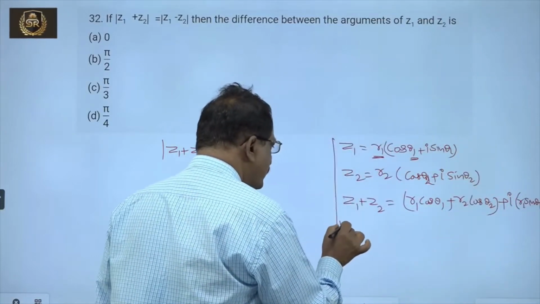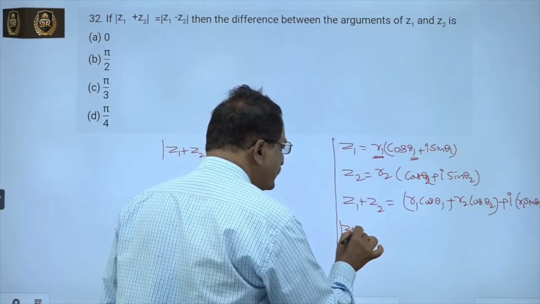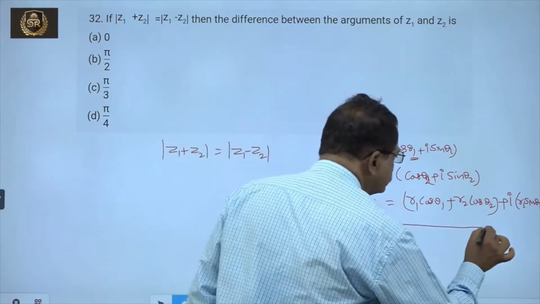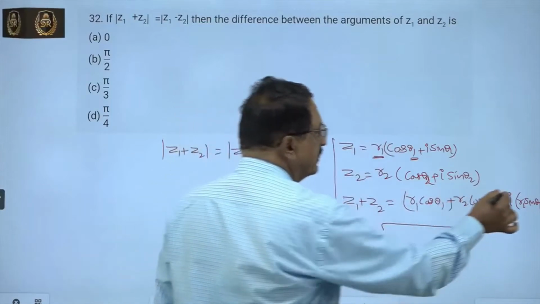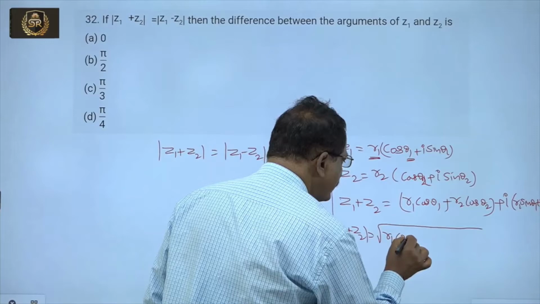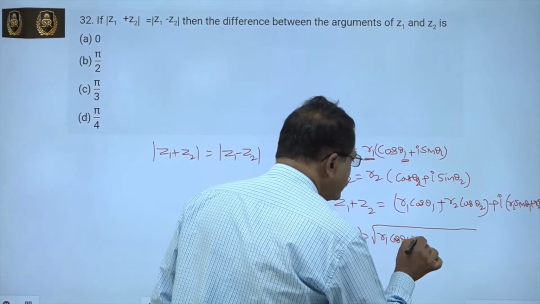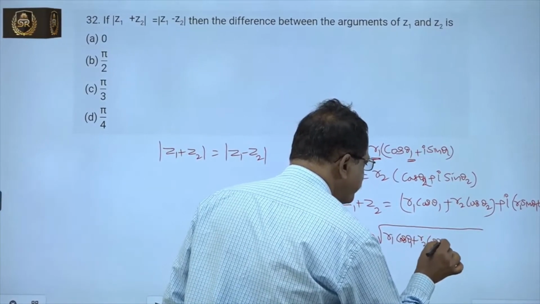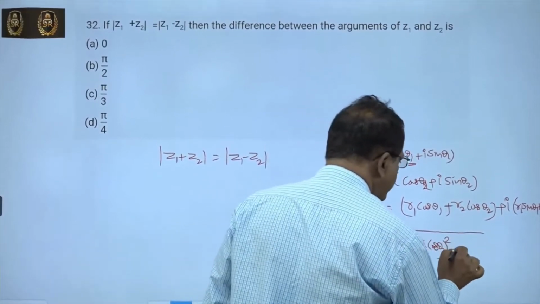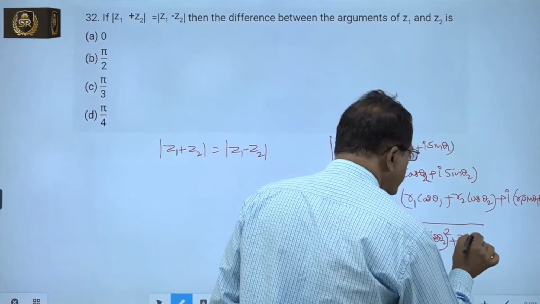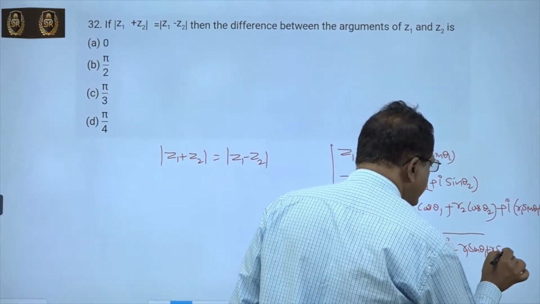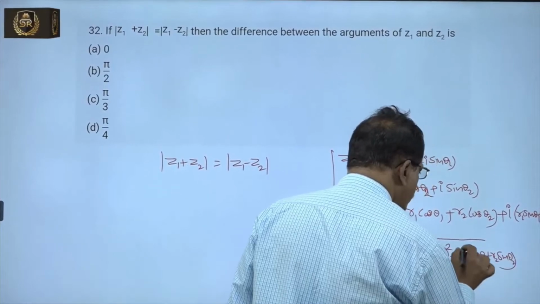Now, required mod of z1 plus z2. Mod of z1 plus z2 equals the square root of real part square plus imaginary part square: r1 cos theta 1 plus r2 cos theta 2 whole square plus r1 sin theta 1 plus r2 sin theta 2 whole square.